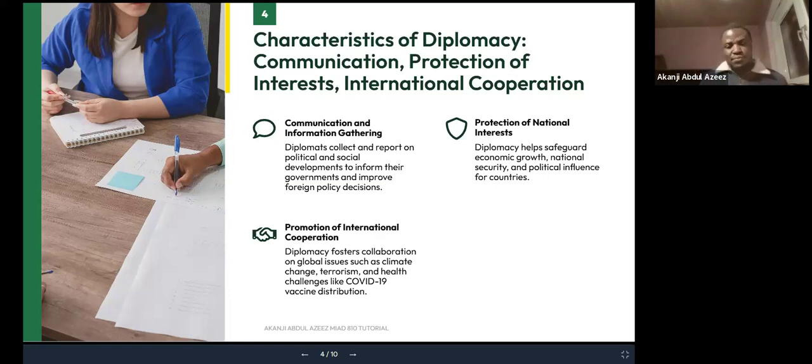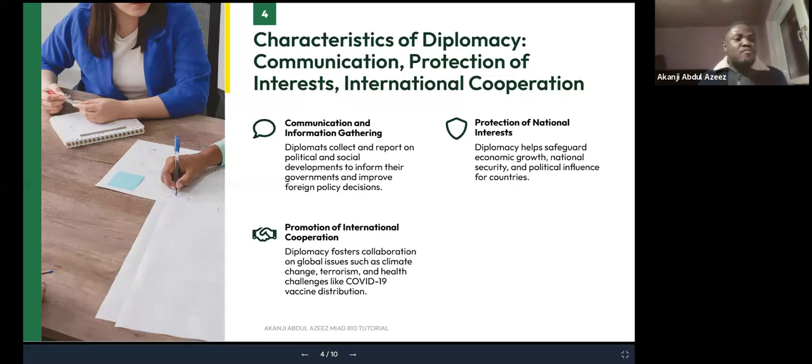So diplomacy brings a platform where countries work together to discuss that particular global problem. For instance, climate change, terrorism, global health, international trade. These things cross borders across the globe, right? So diplomats make it easier for countries to come and sit down and talk about these matters.